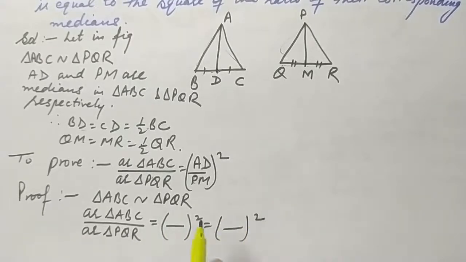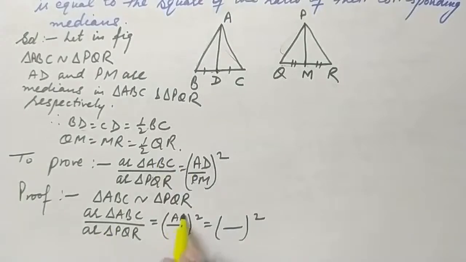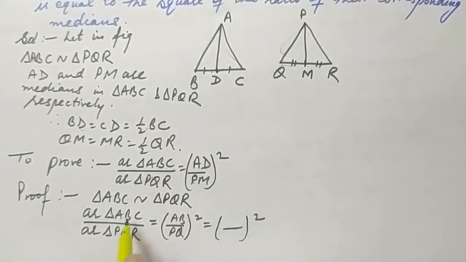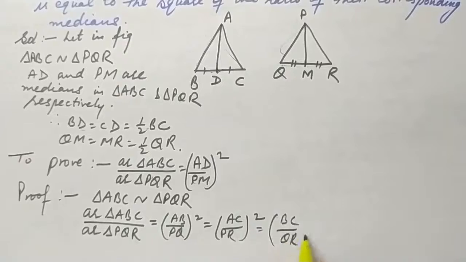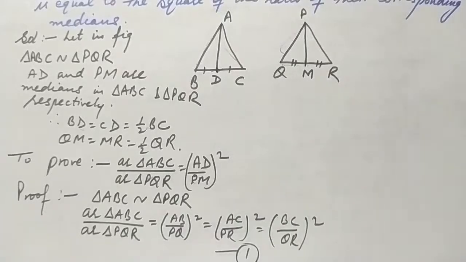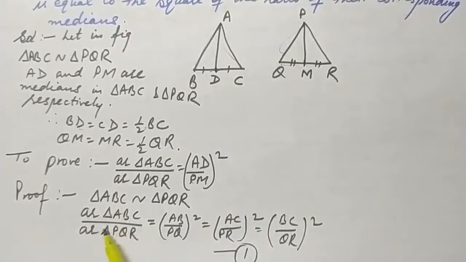The corresponding sides are AB and PQ, AC and PR, and BC and QR. This is what the area theorem says. Suppose this is equation number 1. Now we need to prove this equals AD over PM squared. So what's my motive?